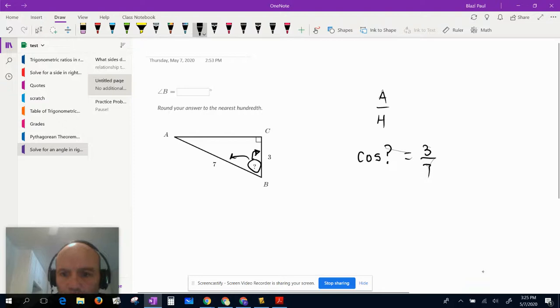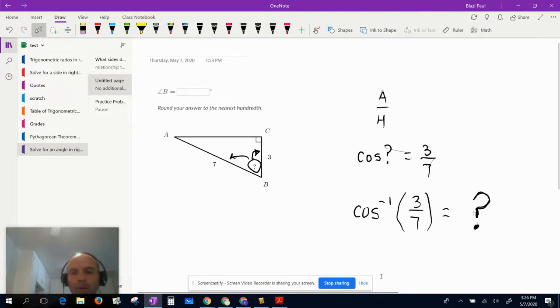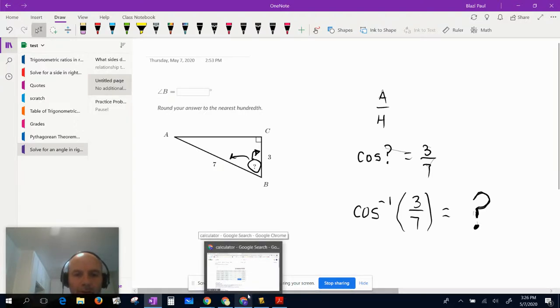So what we're going to do is type this in. This is what we're going to use on our calculator. The inverse cosine of 3 over 7 is going to equal some angle. Okay? Some angle. And this is how the inverse function gets used on that calculator. All right, are you ready? Let's do it on Google Calculator first.